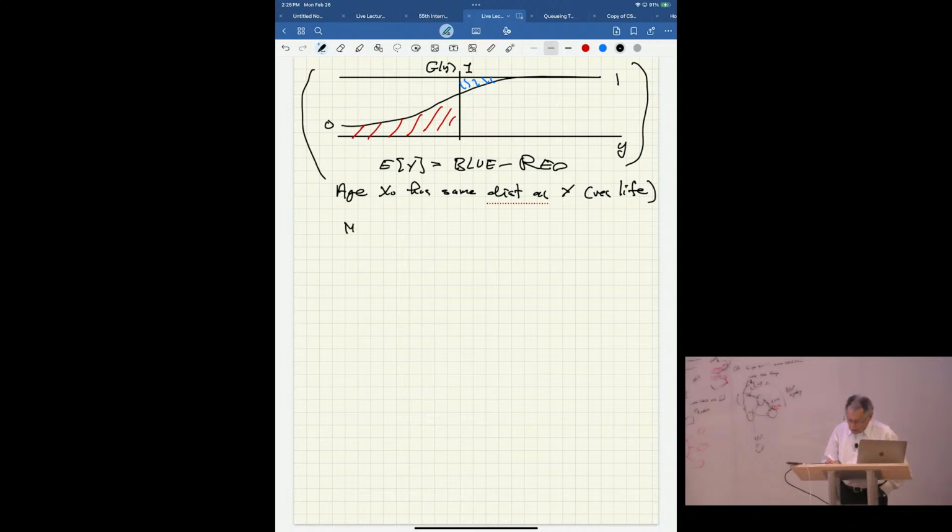And the moments, which you really want to get at now, the moments of the residual life can now be calculated from the expression I have. By definition, the nth moment, which I call r sub n, is equal to the expected value of y to the n.